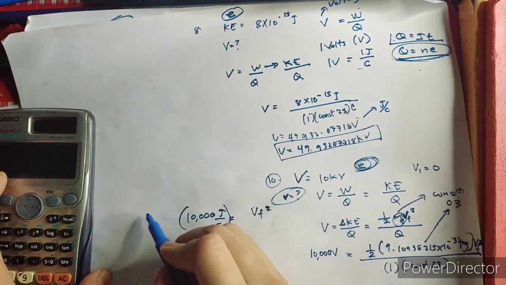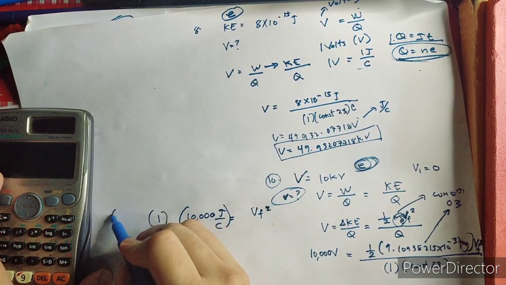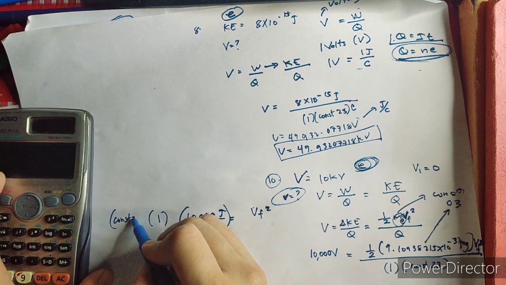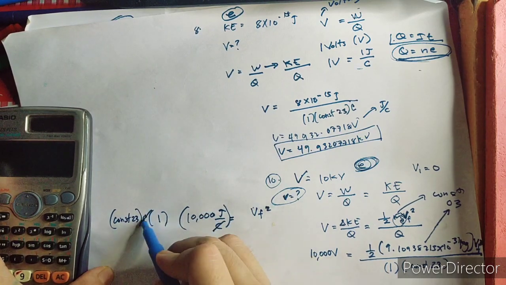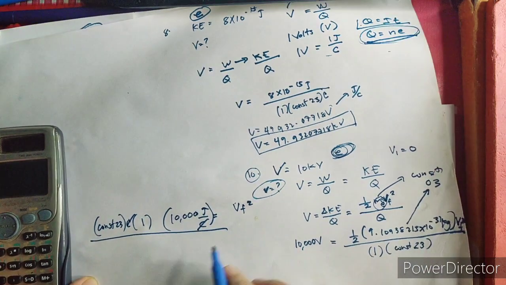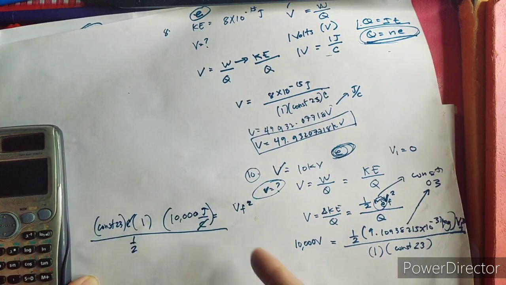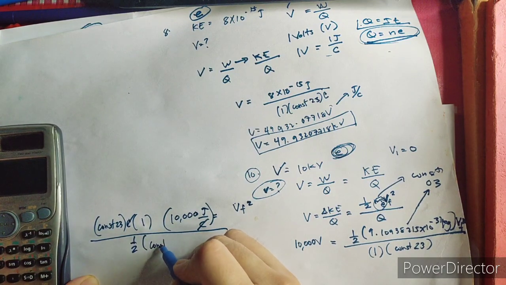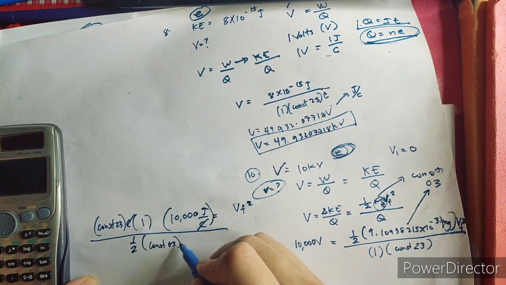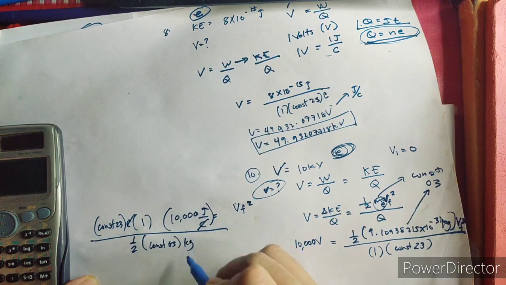Ang unit ng constant 23 is coulomb, so cancel si coulomb. All over 1/2 times constant 0.3. Ang unit ni constant 0.3 is kilogram.